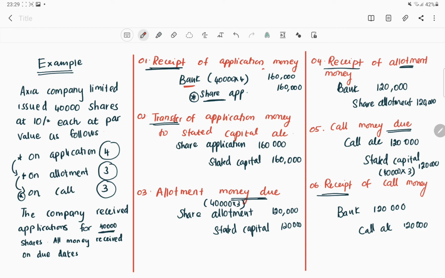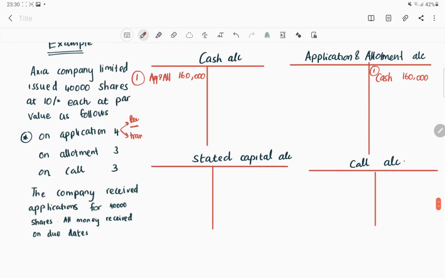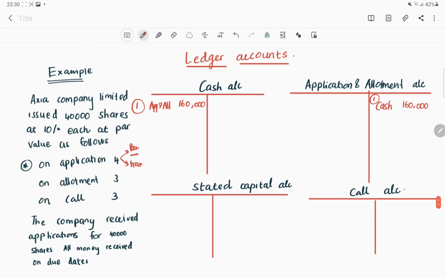And secondly, once you want to transfer the application money into the stated capital account, you can take the money out of the application account and put it into the stated capital account. So here, as the second entry, in order to transfer the amount to the stated capital account, I'm going to remove this 160,000 from the application account and put it into the stated capital account.